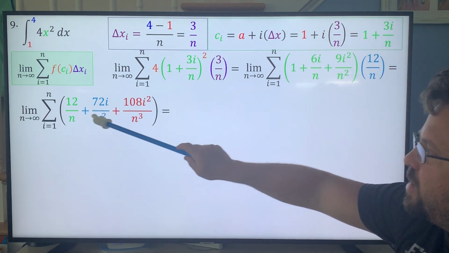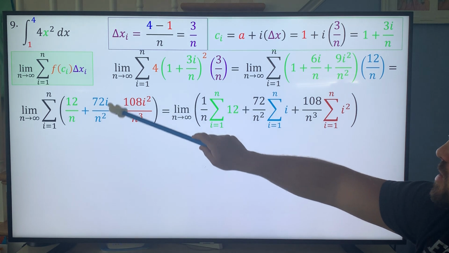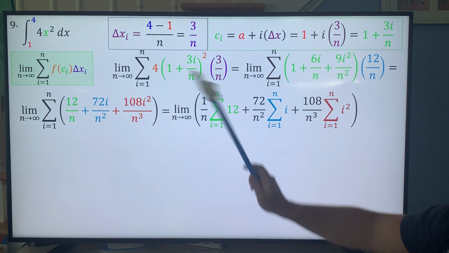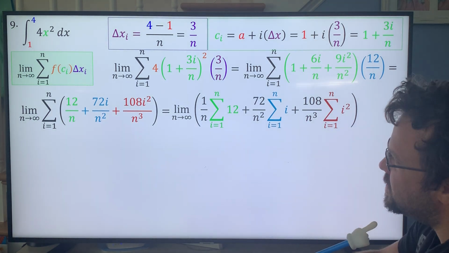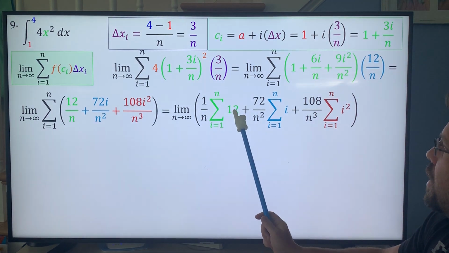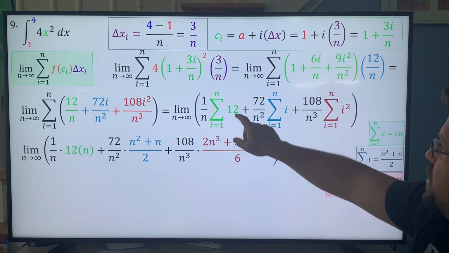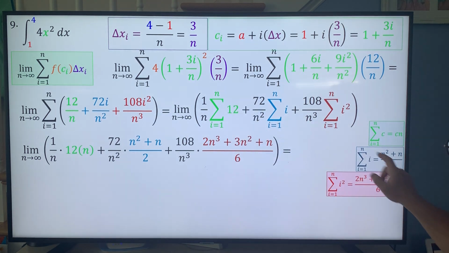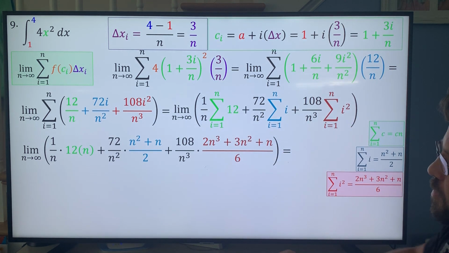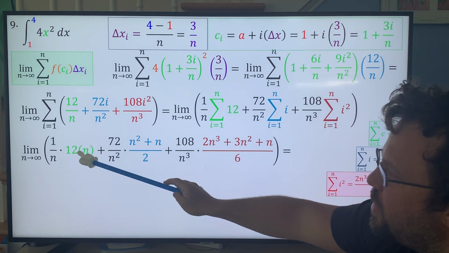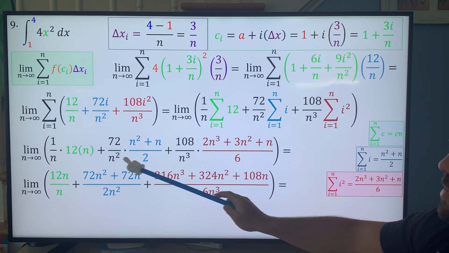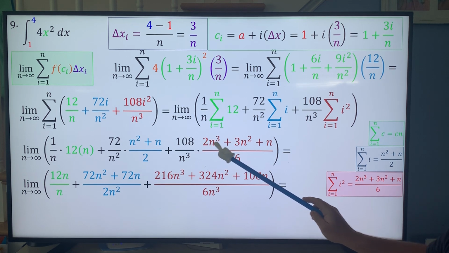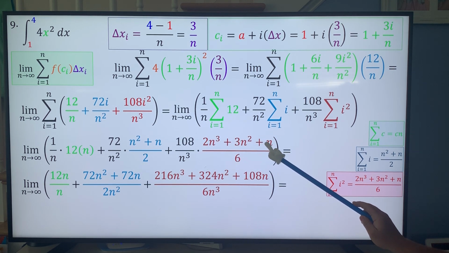I'm going to pull out a 1 over n, pull out a 72 over n squared, and a 108 over n cubed. All right, you can do it in 2 steps if you want. 1 step is fine as well. Use my formulas. 12 times n. i becomes this. i squared becomes that. All right. 12n over n. 72n squared plus 72n over 2n squared. 216, 324, 108, and that becomes 6n cubed.